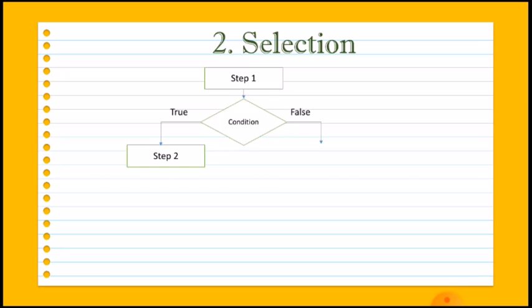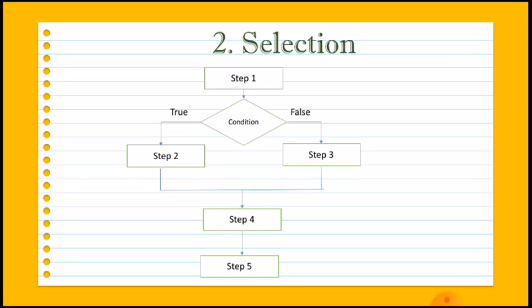And suppose the condition is false, then step 3 will execute and step 2 will not be executed. After executing either the second or third step, the next fourth step will execute and then the remaining steps.